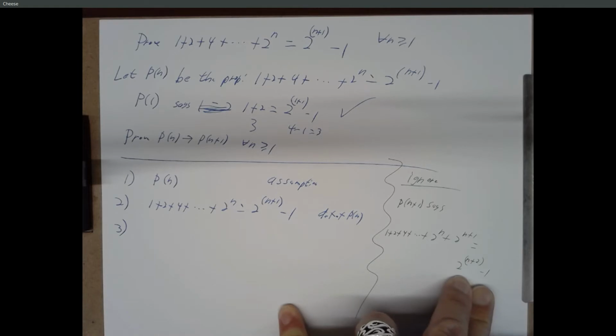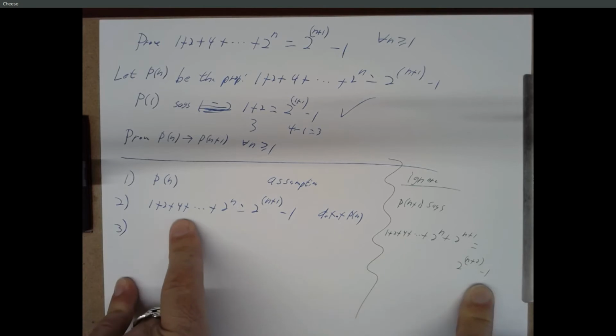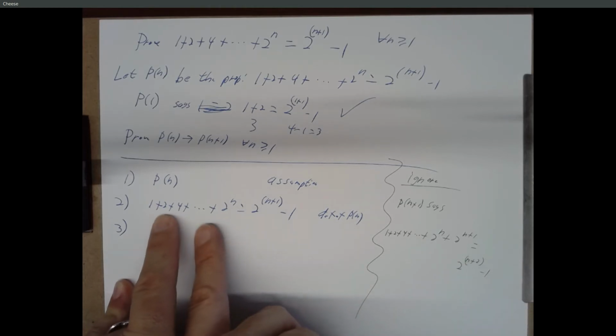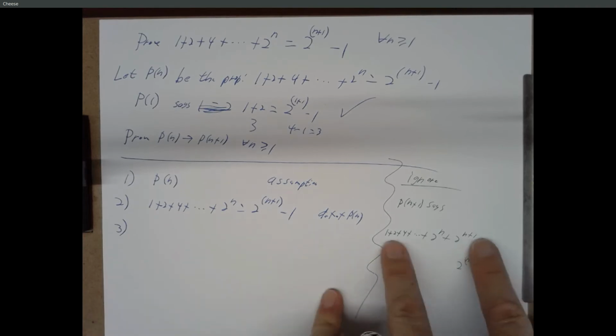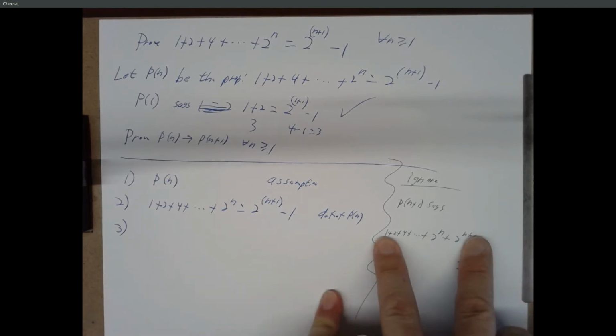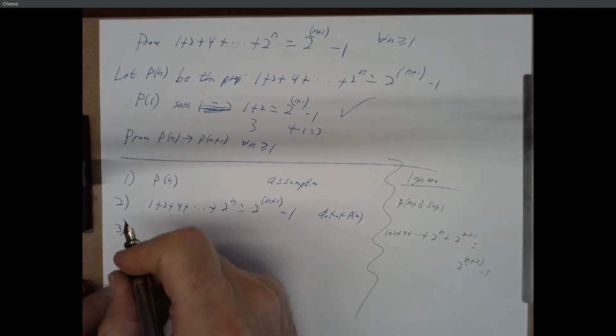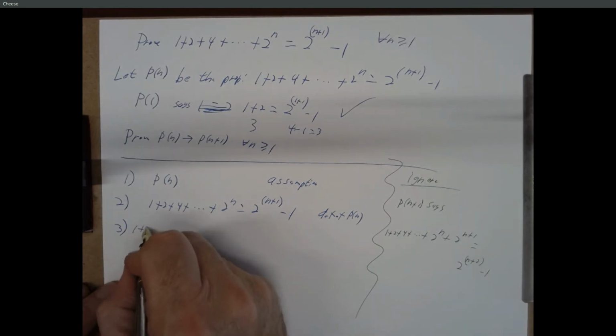So that's what we want to show. We want to show this equality. We've already shown a different but similar equality. And again, it kind of jumps out, well, what if I just add 2 to the n plus 1 to both sides of this? The left side's suddenly going to look like the left side of what I'm after. And the right side, maybe we'll get lucky. So let's do some algebra.